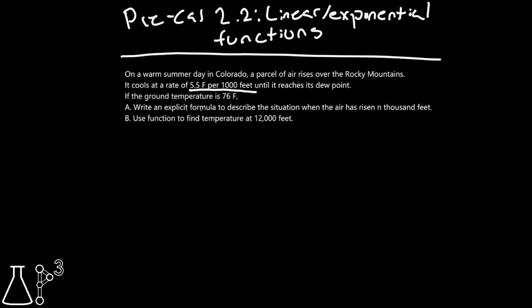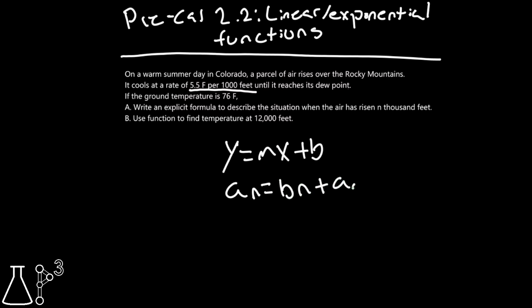And that's important because if we look at these two, y equals mx plus b, that's the slope of a line, and then the definition that I gave you earlier for an explicit sequence, a of n is equal to bn plus a naught, or a initial, a zero, whatever you want to call it. These two are basically the same thing, which is why I said you can compare the sequence to a function.